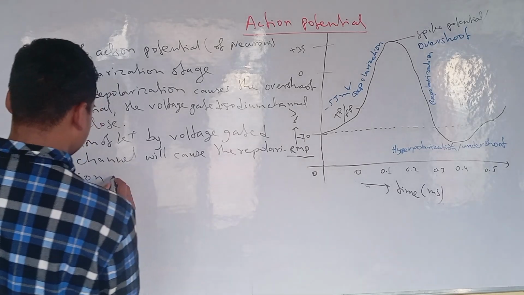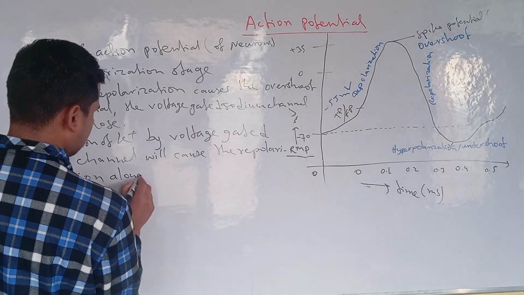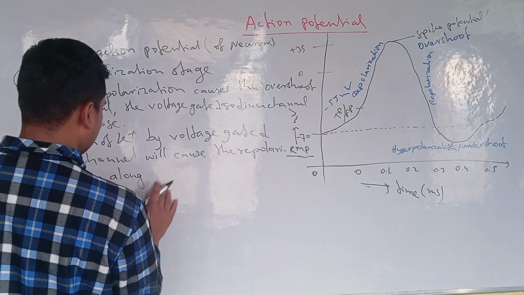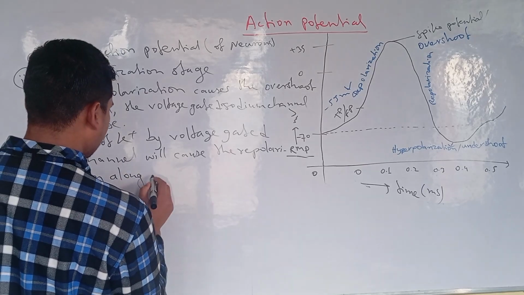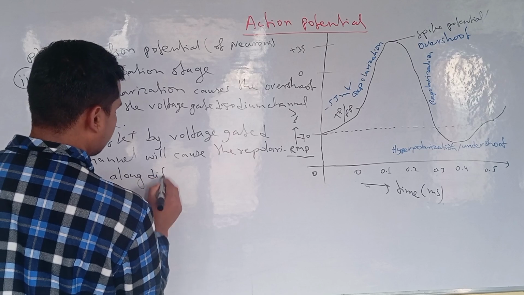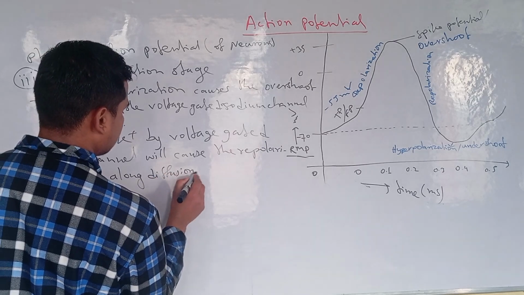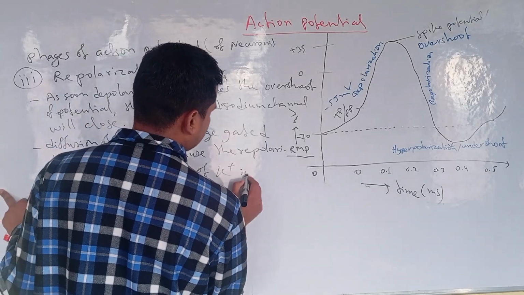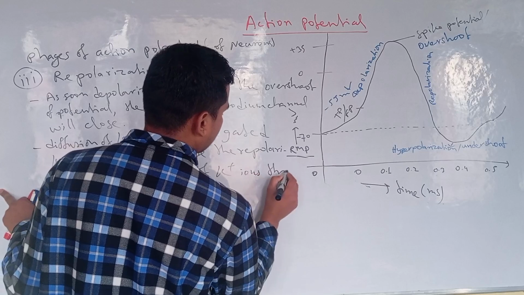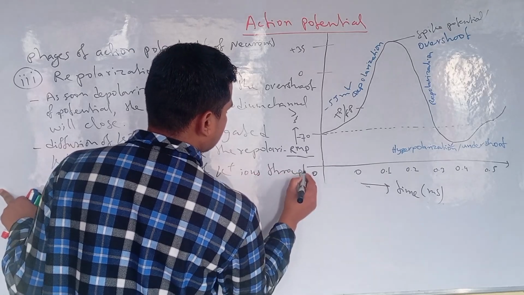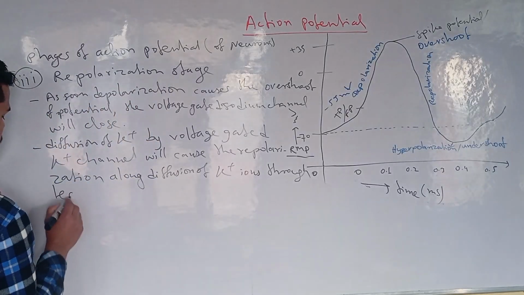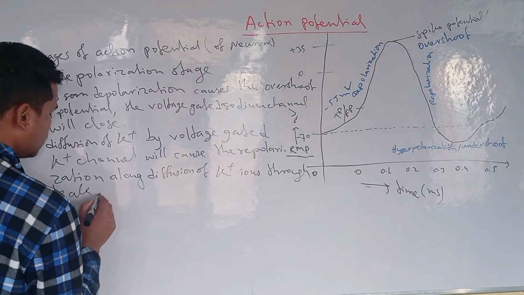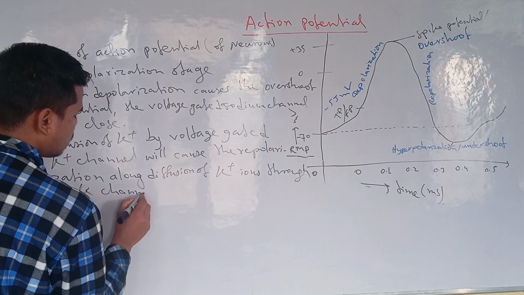Repolarization occurs along with diffusion of potassium ions through the potassium leak channel.